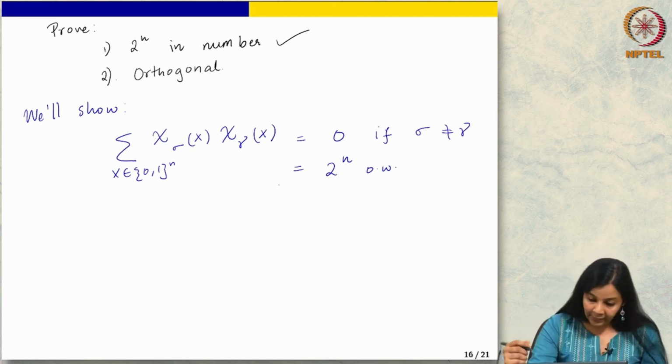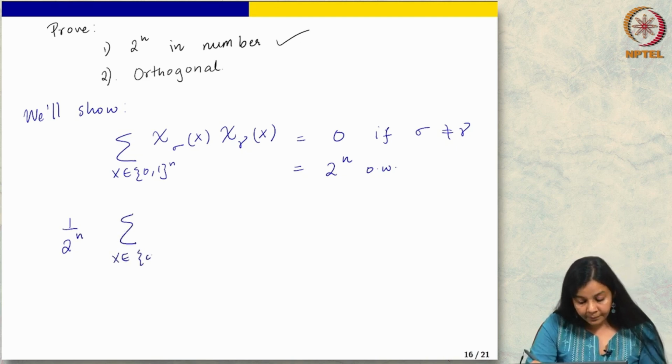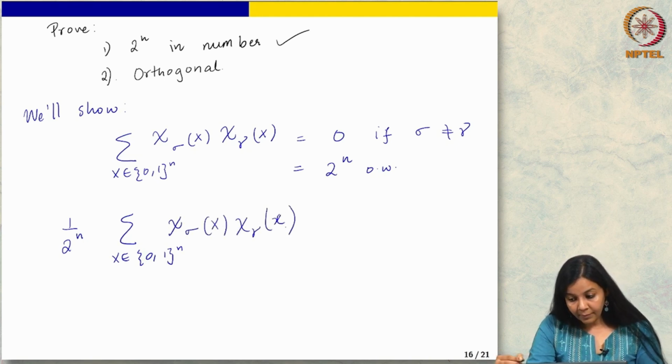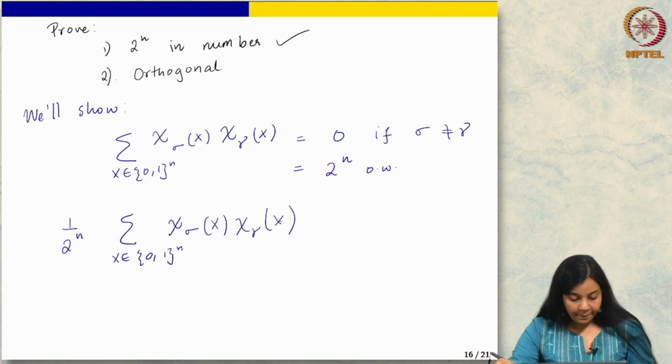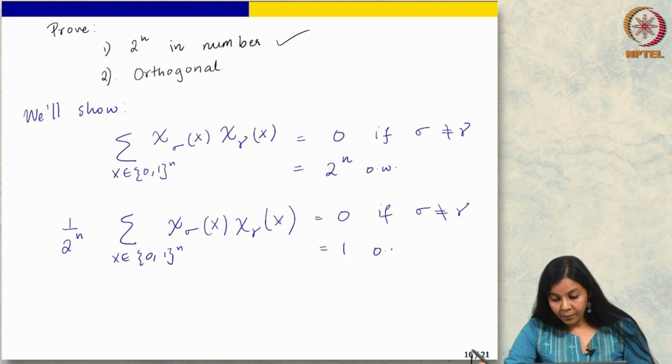So, let us write this as 1 over 2 to the n times the summation over x.